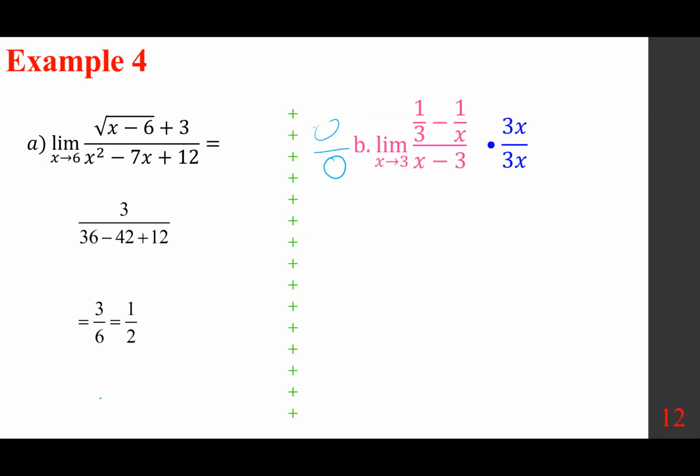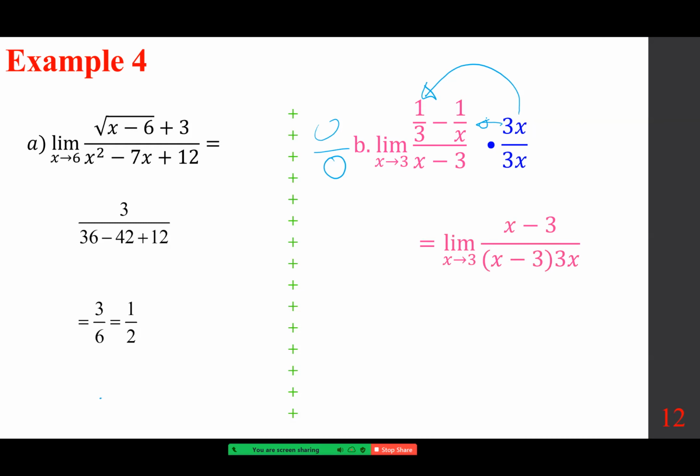We keep the bottom as a product. If we multiply 3x by 1/3 gives us x. We multiply these two, we get -3. And now the common factor of x minus 3 can be dropped. So the limit of 1/3x as x approaches 3, and replace the x, we get 1/9 as the final answer.